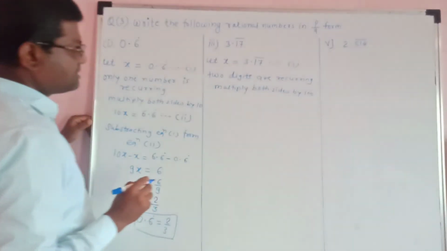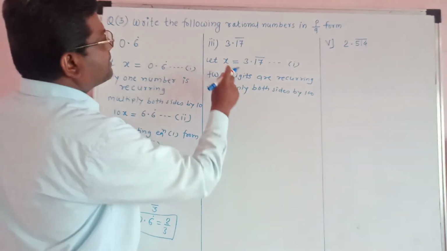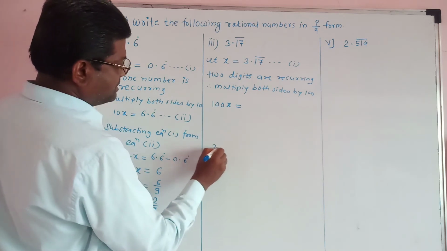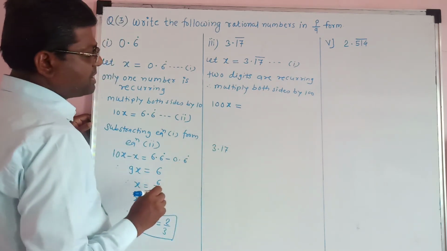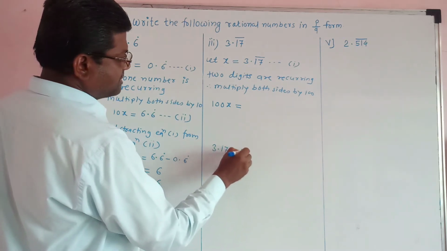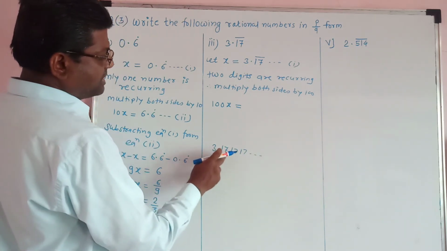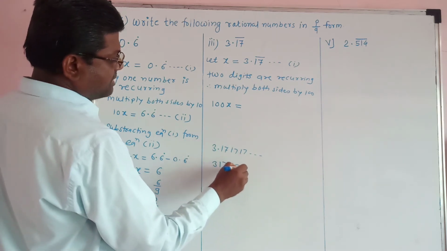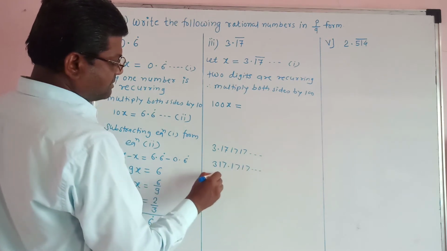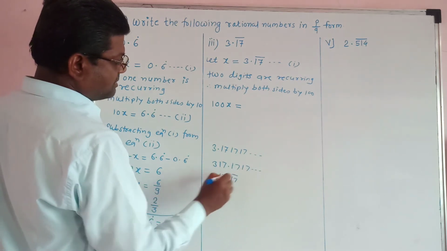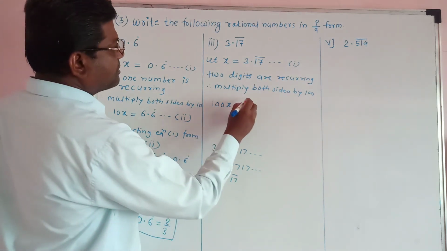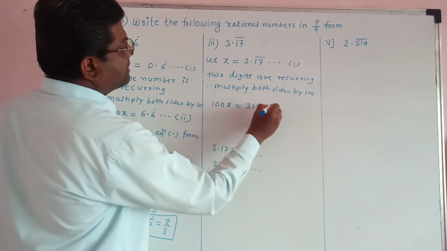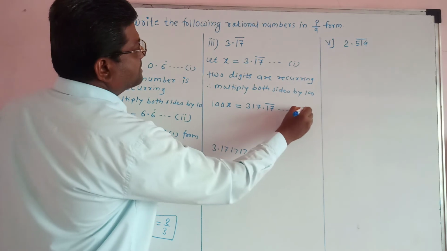Multiply both sides of equation 1 by 100. So 100 into x will be 100x is equal to, now 3.17 bar is 3.1717 in this way. And if we multiply this by 100, then we get 317.1717. That is 317.17 bar, which is equation number 2.